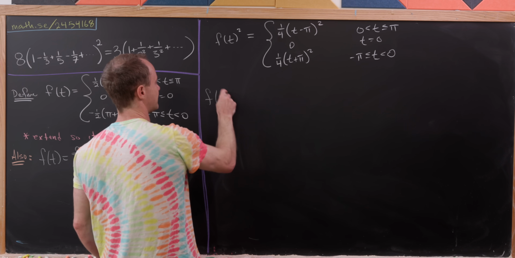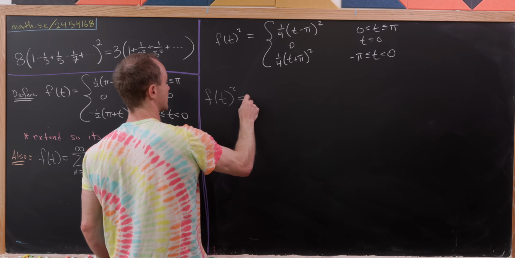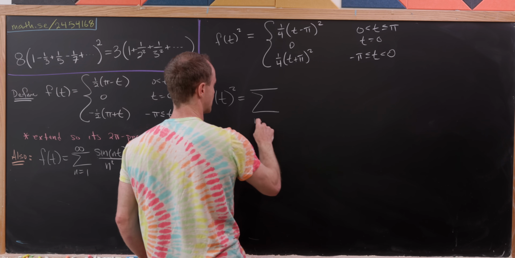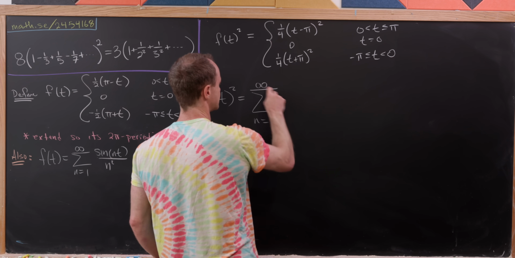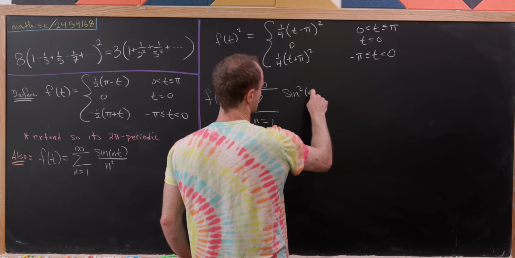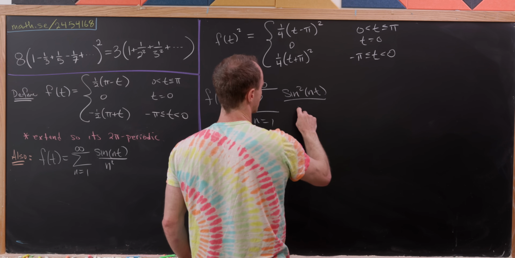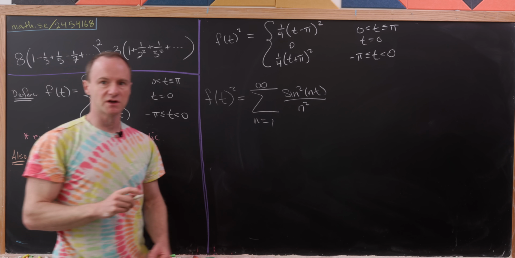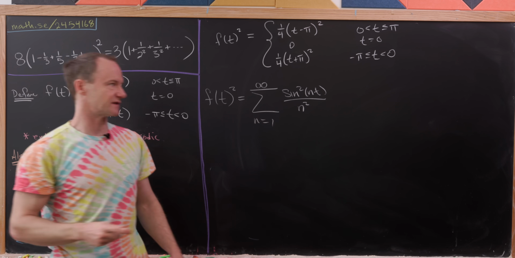So we've got f of t squared is also equal to the sum, as n goes from 1 to infinity, of sine squared n times t over n squared. Of course, those are just the diagonal terms in the square.